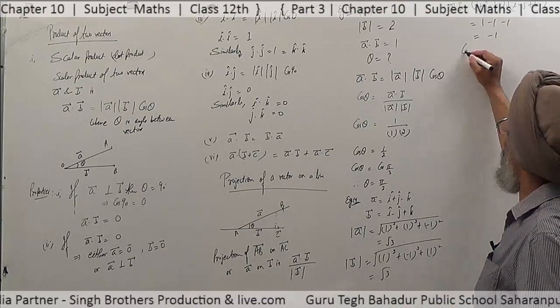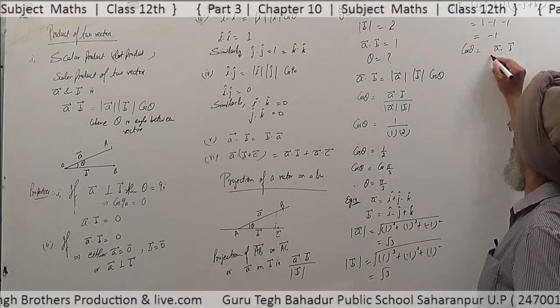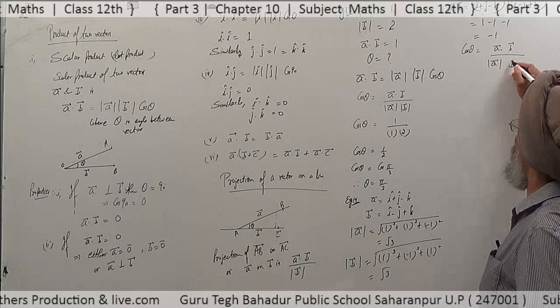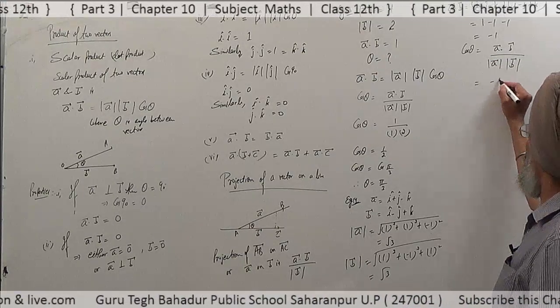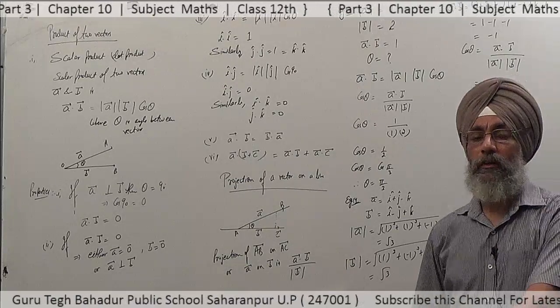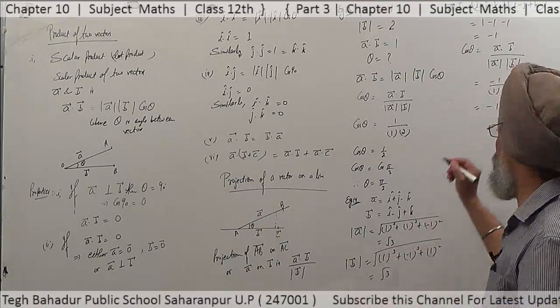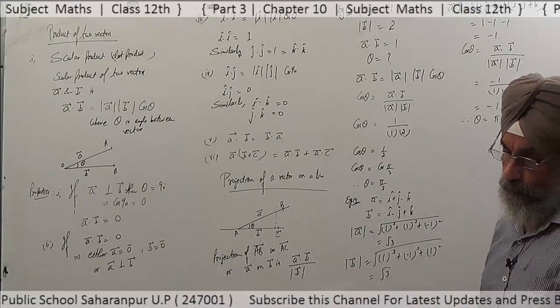Now cos theta is A dot B upon magnitude of A into magnitude of B. A dot B is minus 1, and the magnitudes are square root of 3 each. Now the value of cos is minus 1 at pi. So therefore theta is equal to pi here.